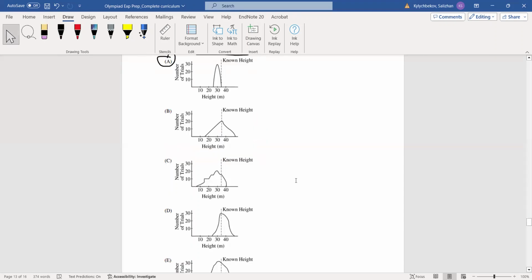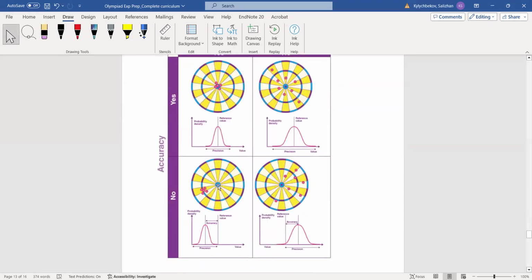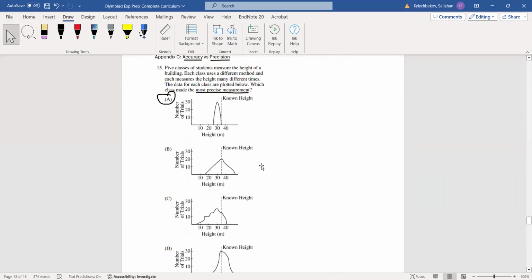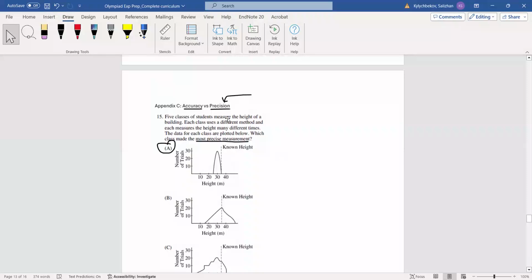Your target is like 4 volts, but you are consistently measuring 2 volts off. You are doing very precise measurements, but your system is calibrated wrong. So less systematic error means more accurate. And precision depends on how well you limit the random errors. There is systematic error and random error, and we'll discuss that one as well.